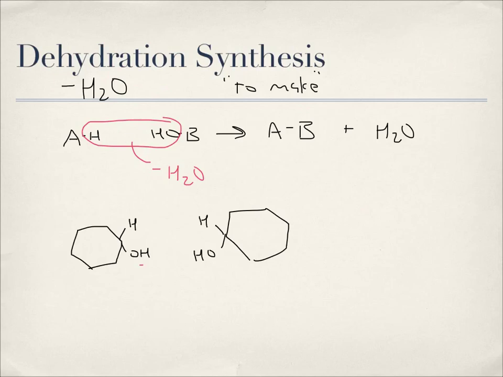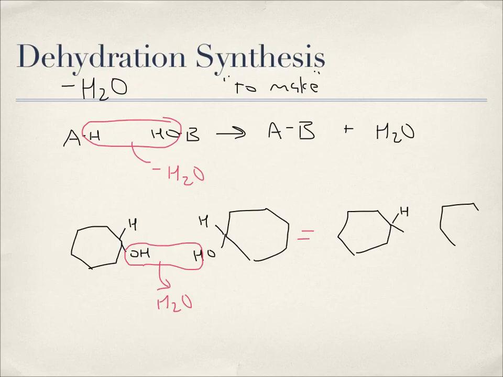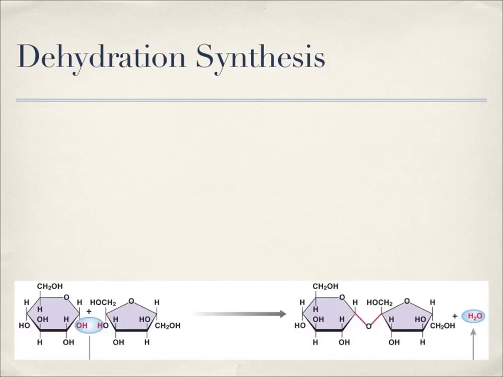I remove OH and H as water, and what I get, that H is there, that bond is now open, that O is there, but it will complete that bond. So from two of those, I now have a disaccharide. So again, if I show you, it will look something like that.